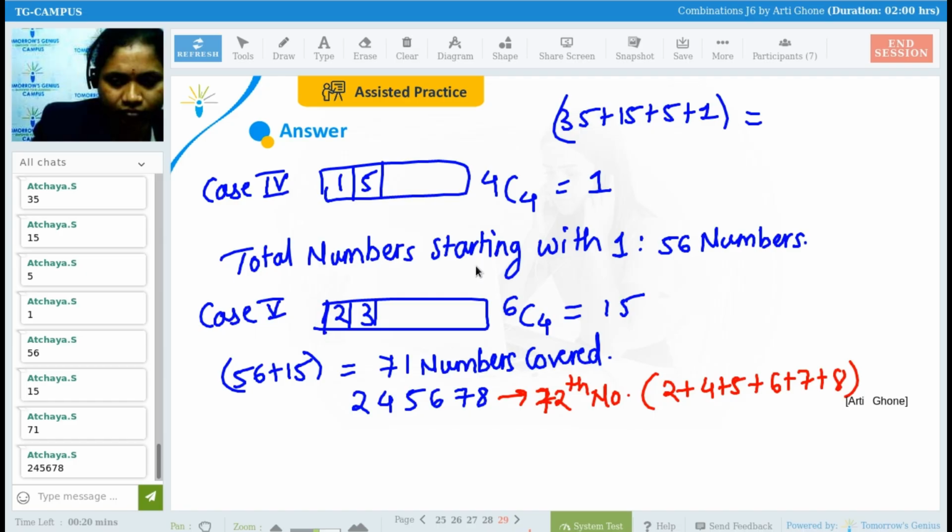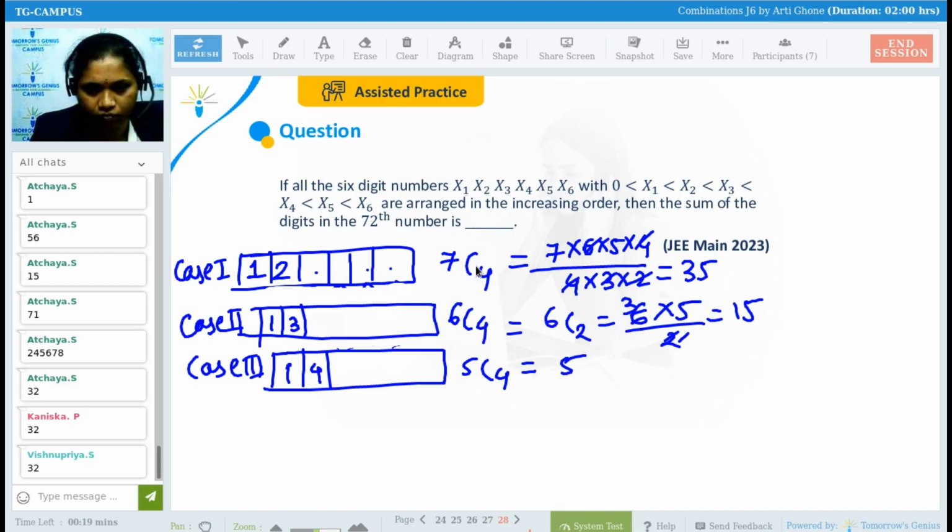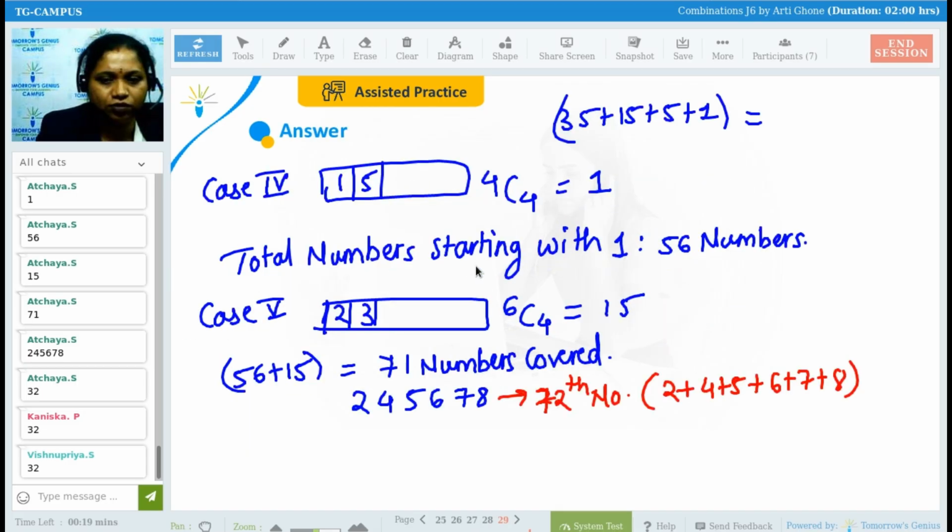So what is the answer? Okay, 32 is the correct answer. So 32 is the total sum of the digits of the 72nd number.